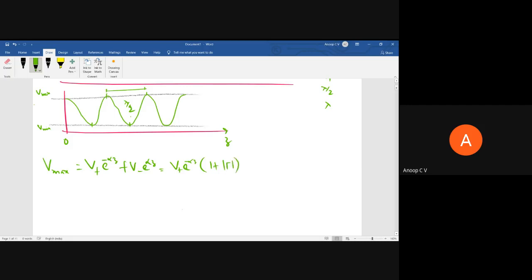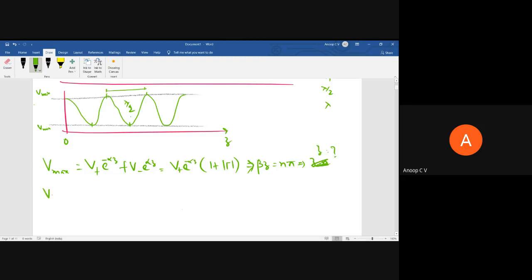The maxima occur for all beta z equal to n pi, or z equal to n lambda by 2. I'm leaving it to you: z equal to what value?